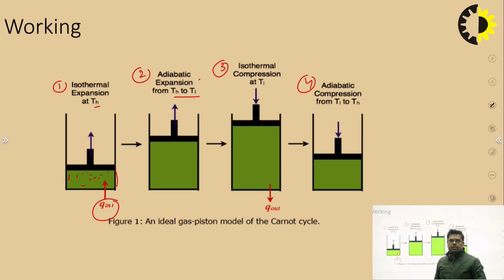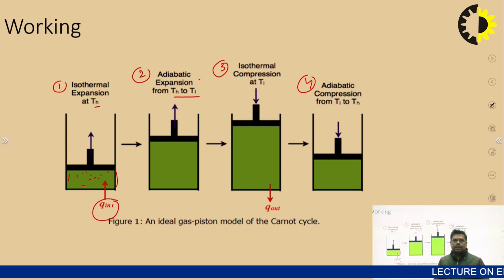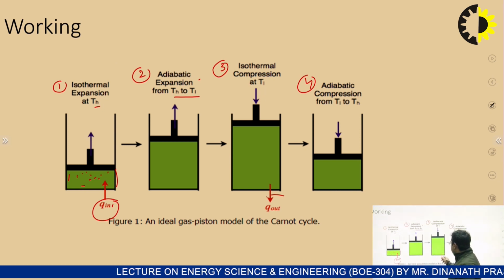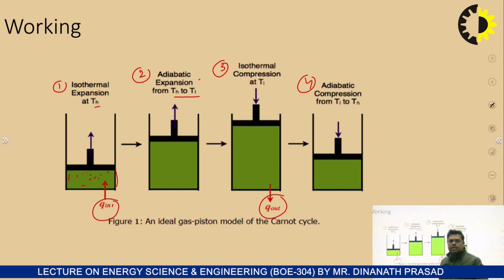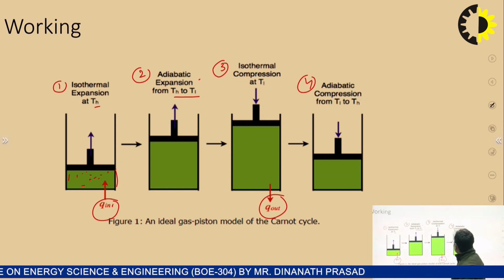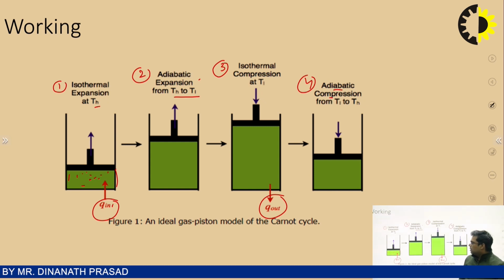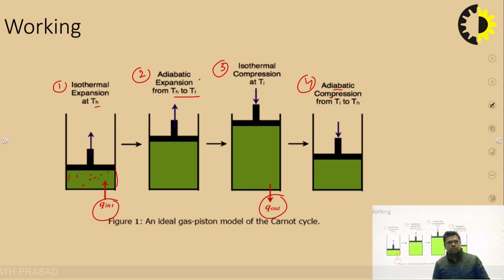In case of isothermal compression, the gas is compressed at TL, and the heat will be rejected into the environment. Then in adiabatic compression, again heat will be added into the system. So this Carnot heat engine cycle is working in these 4 processes.